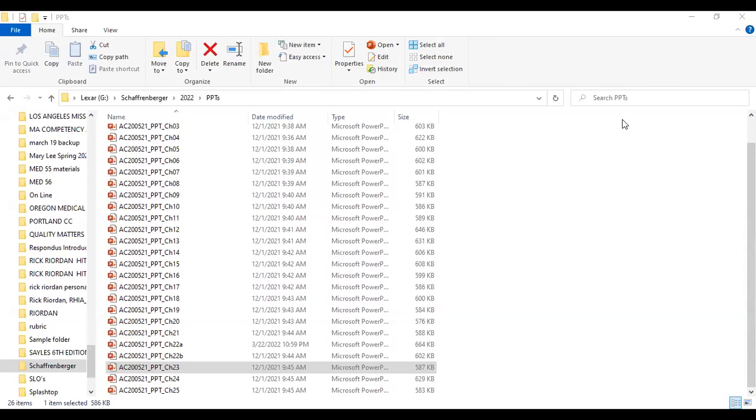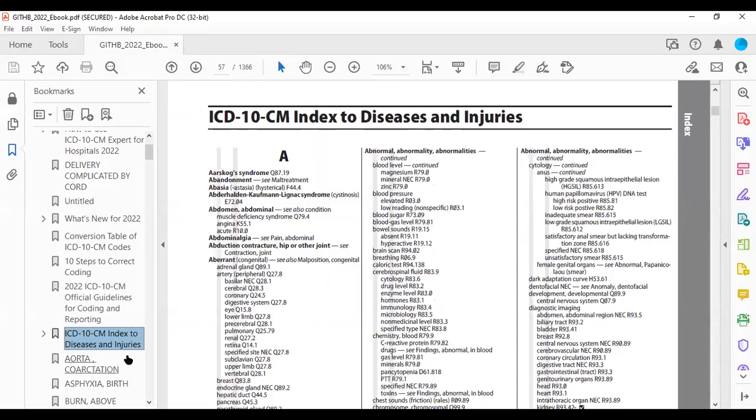So looking past that, we can see this. Everybody's familiar with this as a place where you find main terms. Well, now we're going to see some of those terms, but applied to external cause in a similar index.